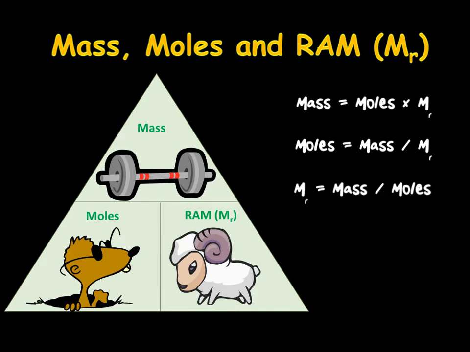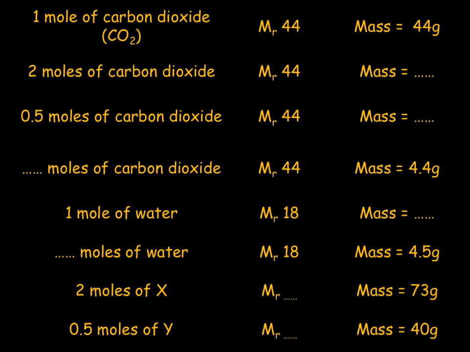It is also important to remember the units of these. So mass is in grams, moles is in moles, and MR has no units. This is an essential equation to remember for chemistry.